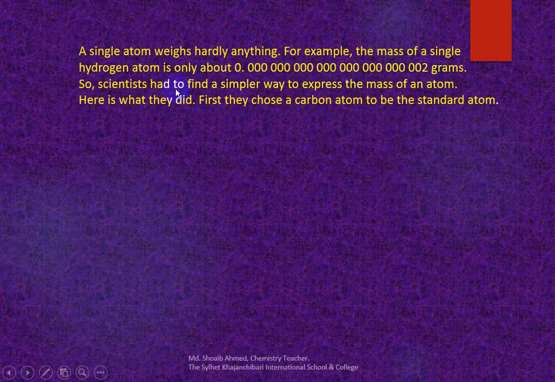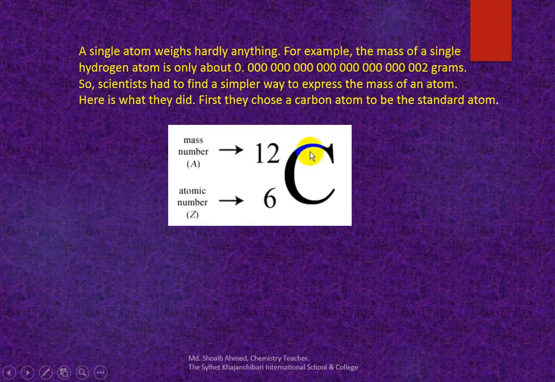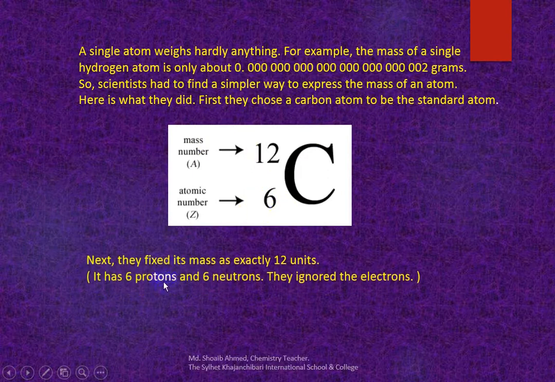So scientists found a simpler way to express the mass of an atom. Here is what they did. First, they chose a carbon atom to be the standard atom. This carbon atom has mass 12 and atomic number 6. Next, they fixed its mass as exactly 12 units.